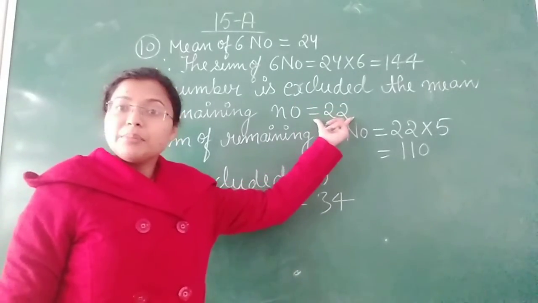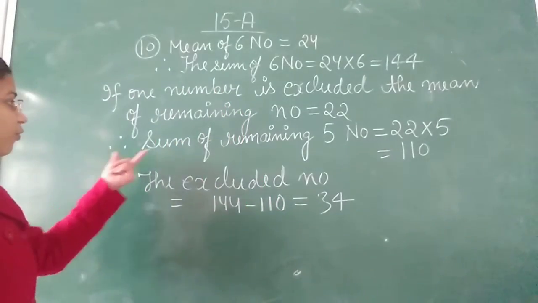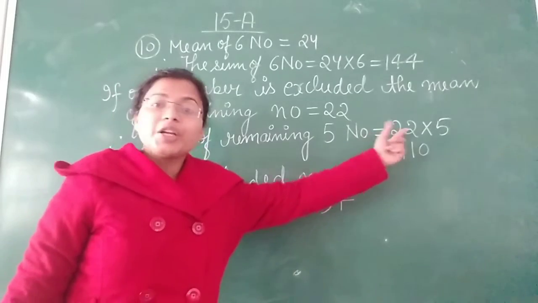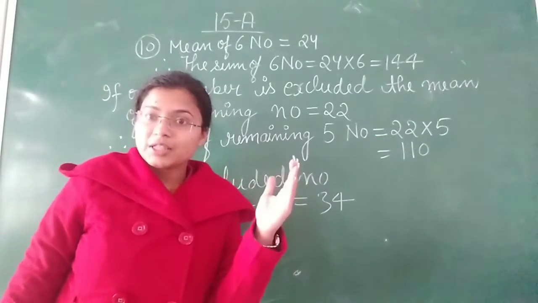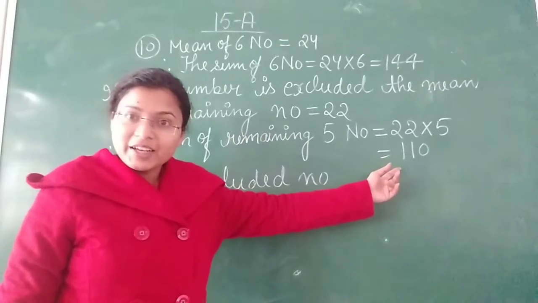Therefore the sum of the remaining 5 numbers will be 22 into 5, which gives you 110.